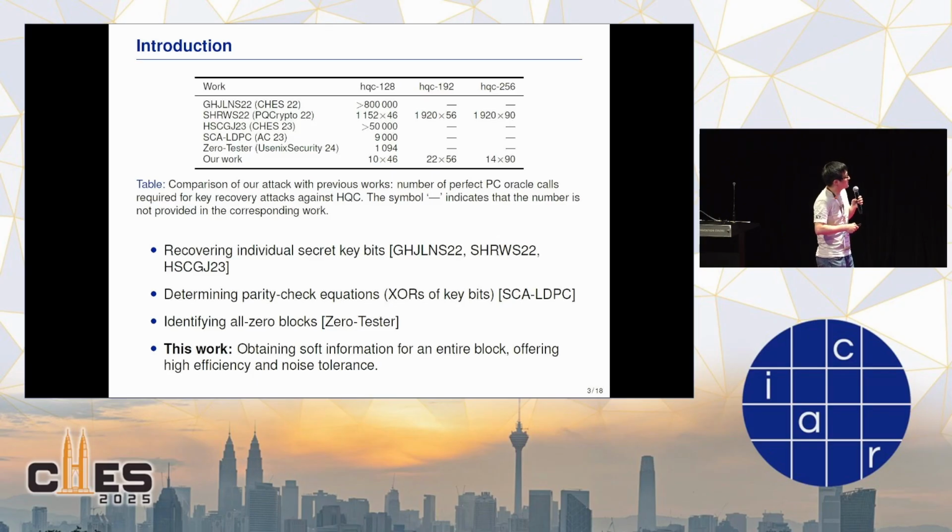Then we found this zero tester, where we need to determine all-zero blocks, but this method suffers from inaccurate oracles. So in this work, we obtain soft information for an entire block, and it has high efficiency and is also very robust to noise in the oracle.